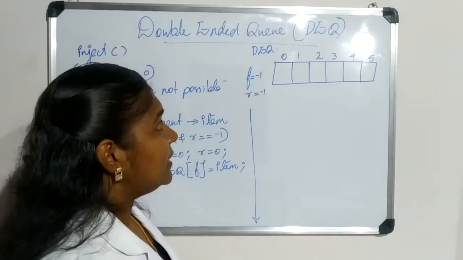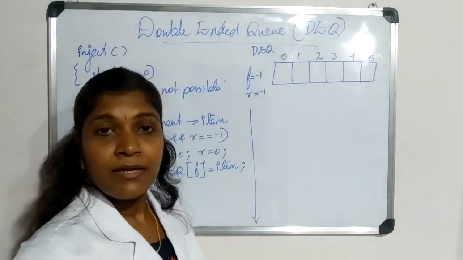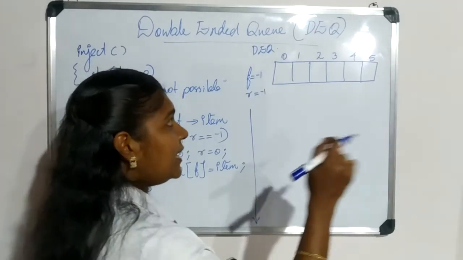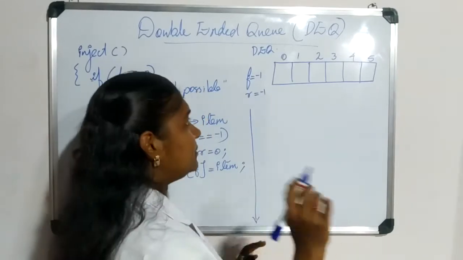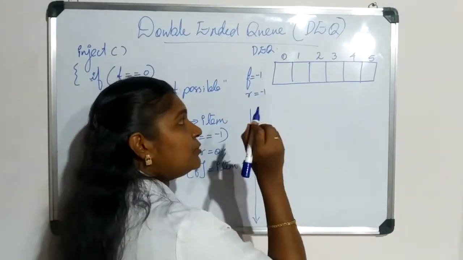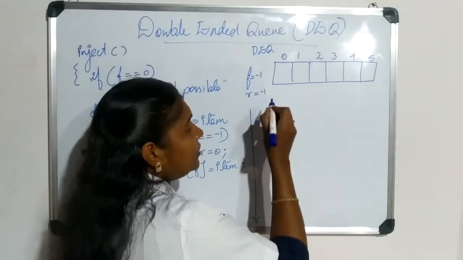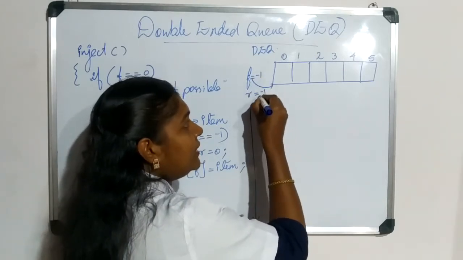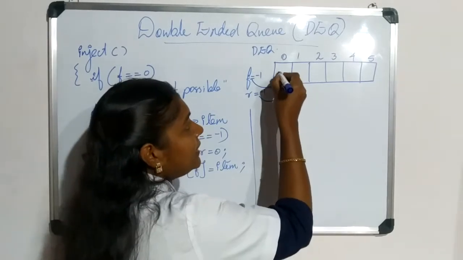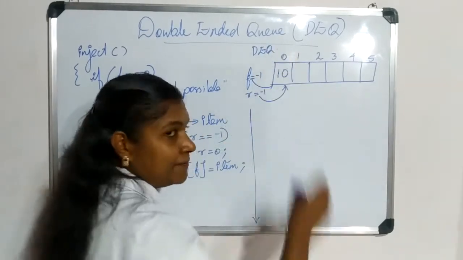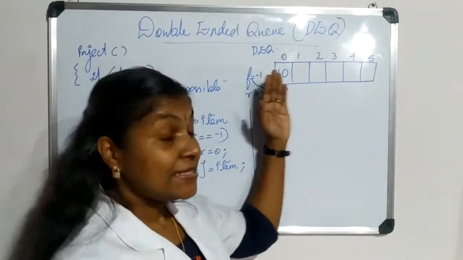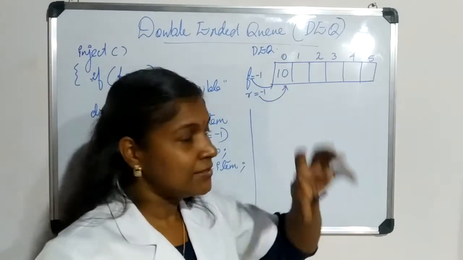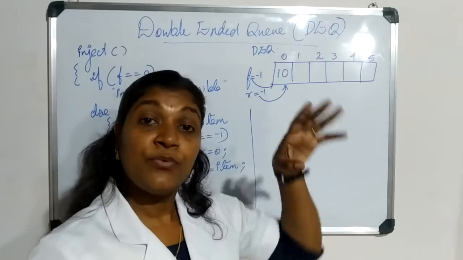Okay. So let me enter some elements into this double-ended queue. First we are entering element 10. Suppose the first element is 10. So what is to be done in order to insert the first element? We need to increment the value of front, increment the value of rear, then insert the first element. And as this is inject, we should give importance to the concept, because inject means insert through front.